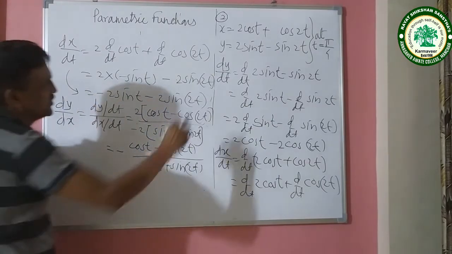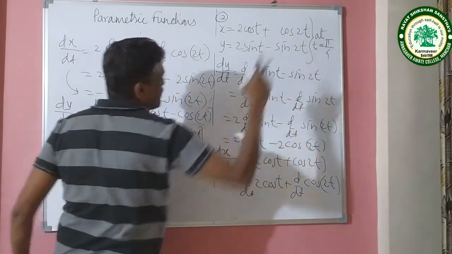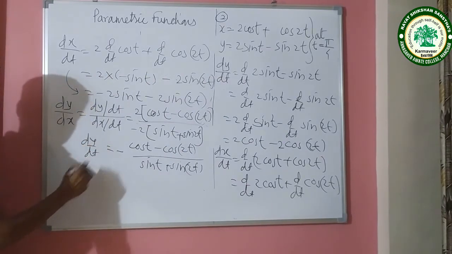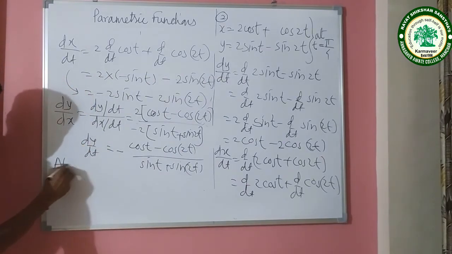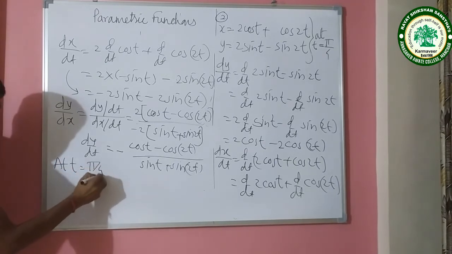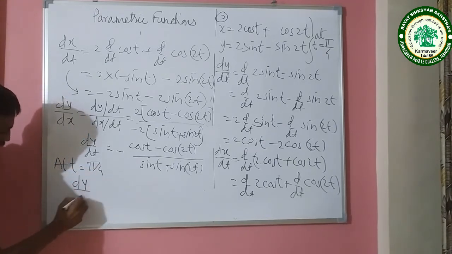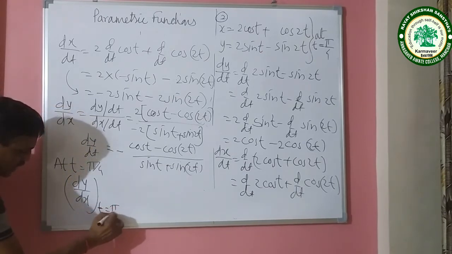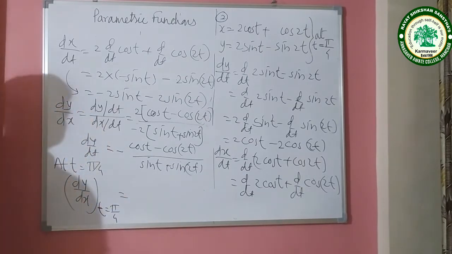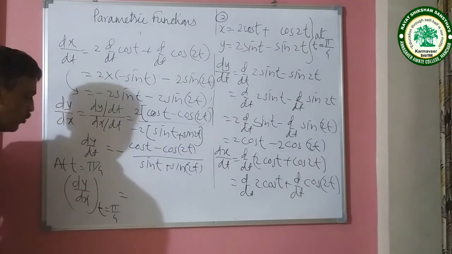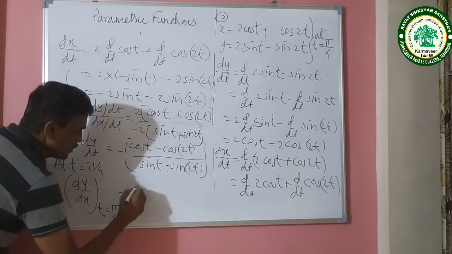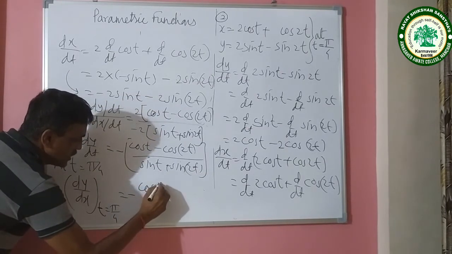Now what we are asked: find the derivative at t is equal to pi by 4. How to write at t is equal to pi by 4? We write it as derivative of y with respect to x. Make a bracket, write t here, t is equal to pi by 4, is equal to, replace t by pi by 4. So minus cos, what is t?